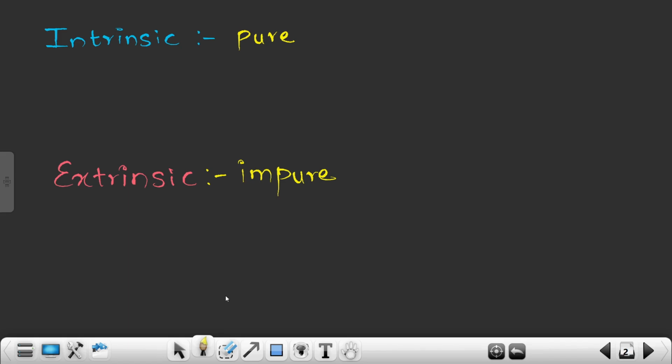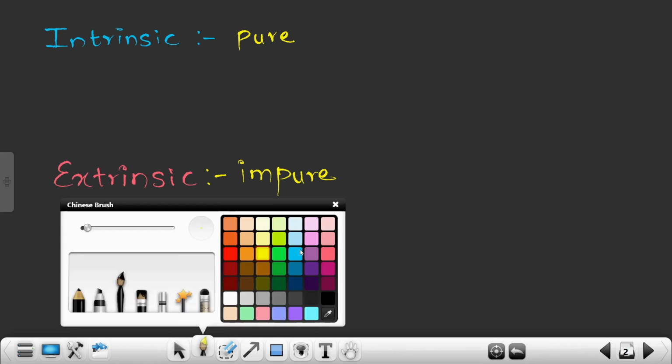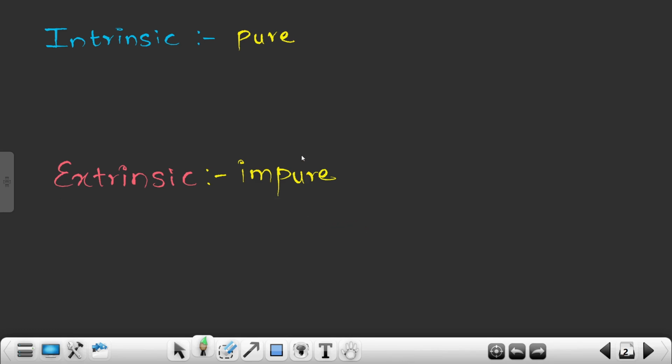Most of you might have the question: what exactly is pure and impure? Let's assume you have a semiconductor which is made up of, suppose, X atom. That semiconductor is known as intrinsic semiconductor.